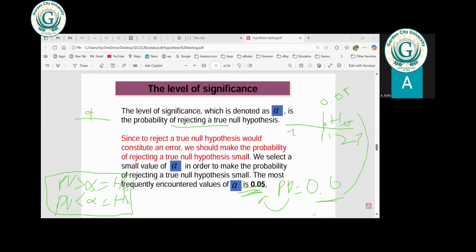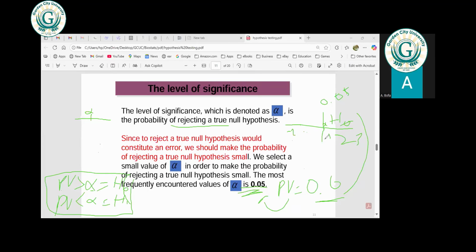Again, let me go over it again. Our p-value, 0.06, we are comparing with the alpha 0.05. We've seen that 0.06 is greater than 0.05. Once it's greater than 0.05, I'm asking, is it going to be on the right-hand side or the left-hand side of 0.05?